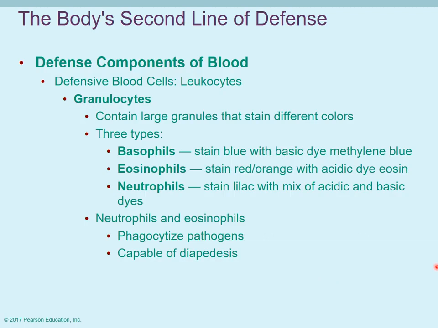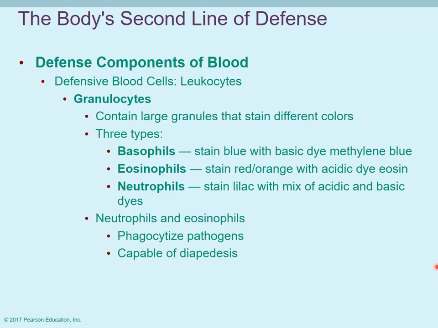The granulocytes, the three types are the basophils, eosinophils, and neutrophils. We can distinguish them when we do a blood stain with a dye. Number one, you're going to look not at the nucleus initially, but at the cytoplasm and see what color are the grains. And see also, are there grains or not?